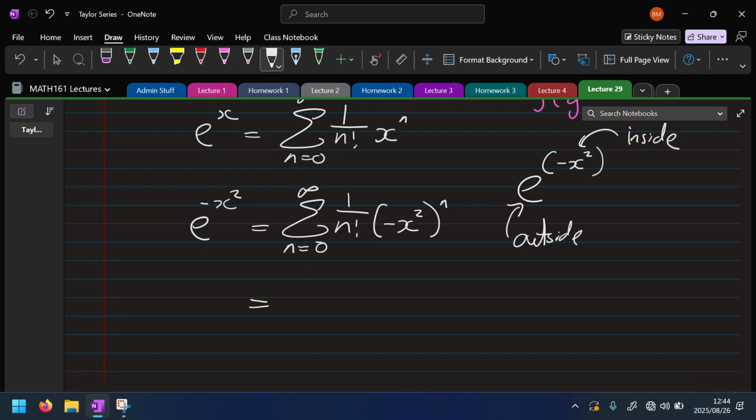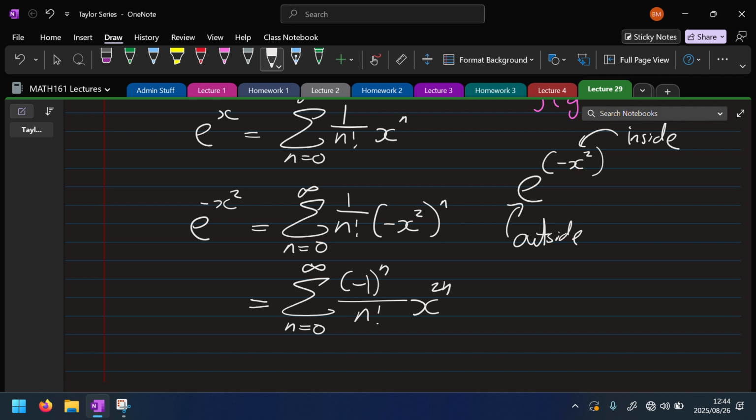So here we can just simplify this now. Minus x squared to the n, we can write as the sum, n goes from 0 to infinity. This minus x squared, we can think of as minus 1 times x squared. So we can write it as minus 1 to the n over n factorial, then the n can jump inside, so it will be x to the 2n.